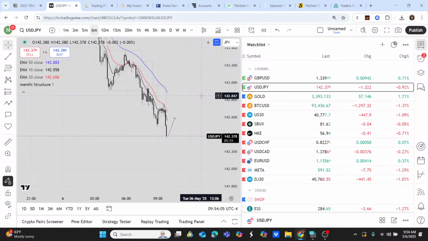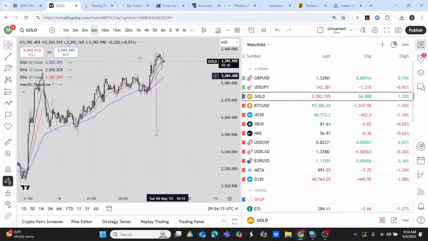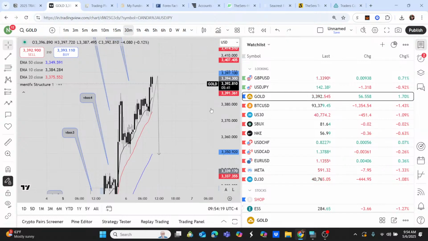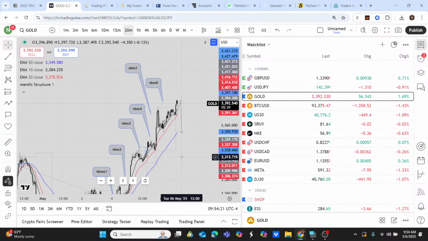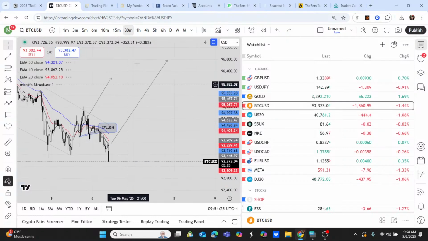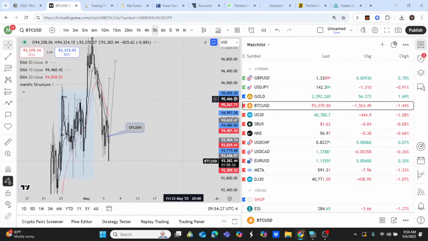So while I'm waiting, I'm gonna be just flipping through some of the markets again because anything could have changed throughout the session. I'm gonna start off with gold again. Well, there's no need to look at gold because gold was overextended in my eyes. Bitcoin, nothing.